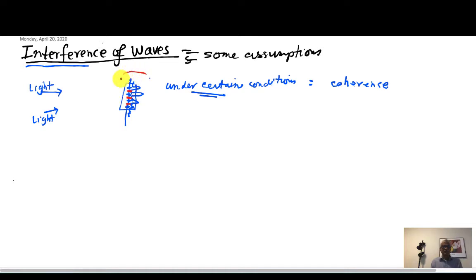So the thing which causes this is called interference. It's said to be a result of interference.